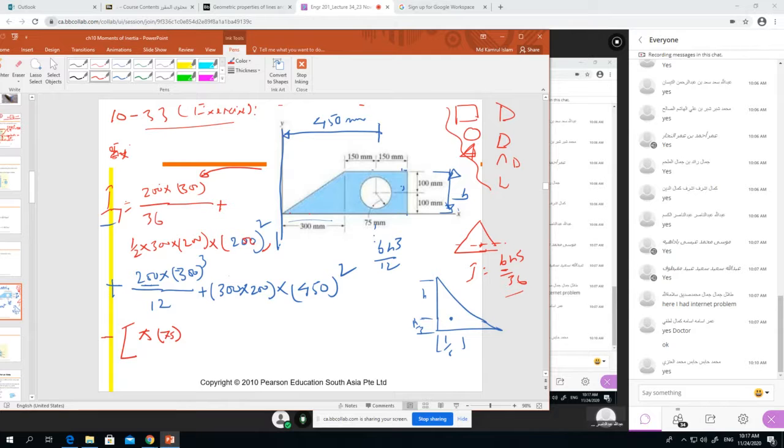Remember, sometimes r and d are different. In the exam, maybe d is given, then you have to convert to r. Plus Ad squared. This r to the power 4 formula is the formula through the center.